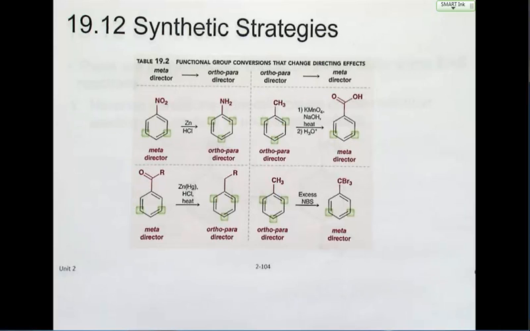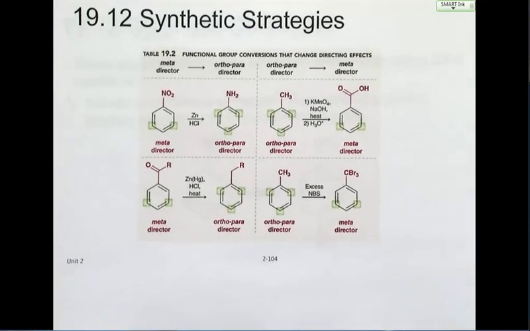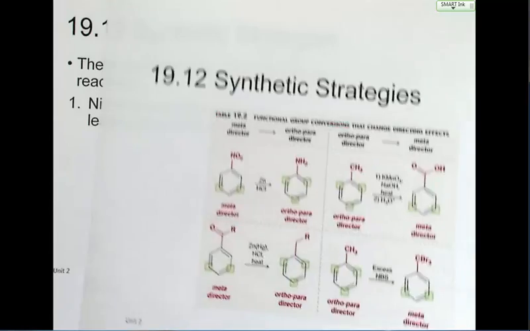And then finally, we can go the other direction from a meta to an ortho/para director, doing a reduction. These are the Clemmensen conditions for reducing a ketone. So those are just ways of switching directing effects. So you want to have those in your toolbox ready at your disposal.